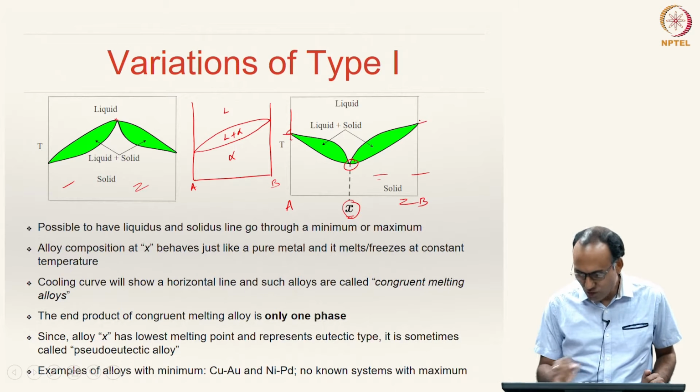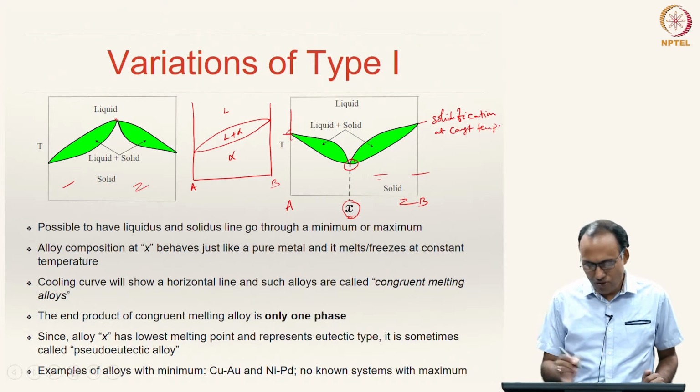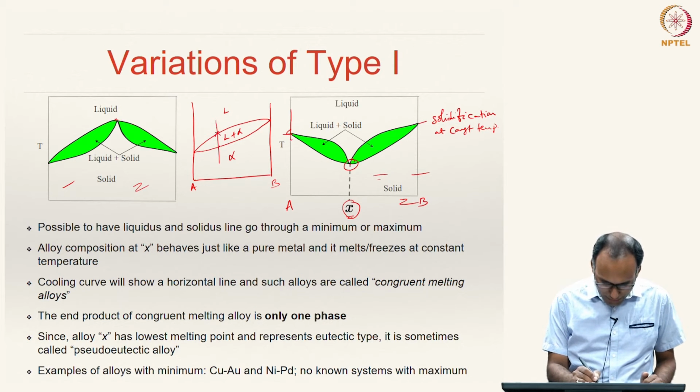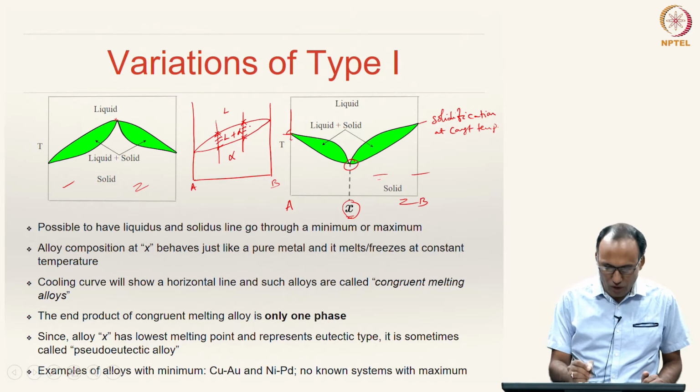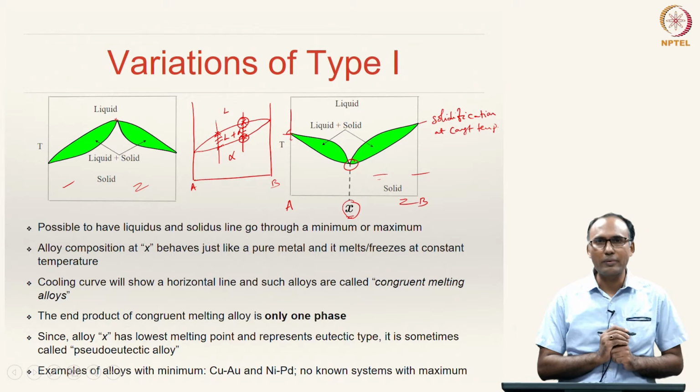For A as well as B, the solidification is at constant temperature, whereas for all other alloys the solidification happens over a range. For any other alloy combination, for any isomorphous alloy, the solidification starts at one temperature and ends at another temperature.